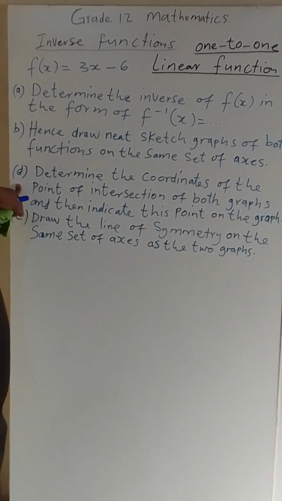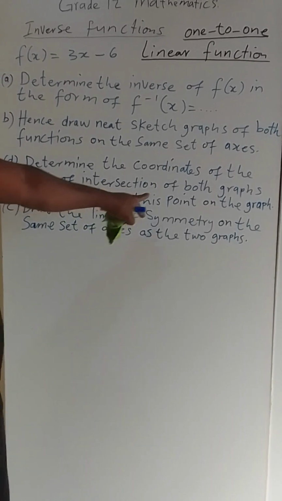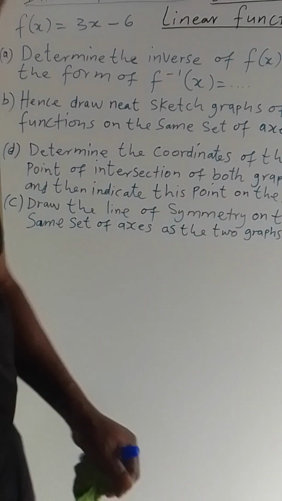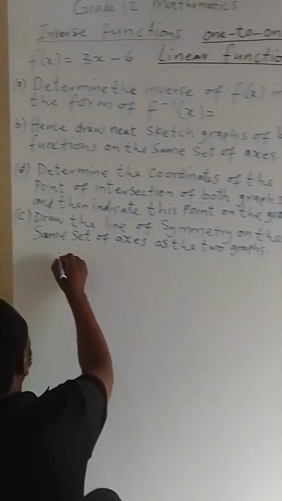Then the last one, D, they want us to determine the coordinates of the point of intersection of both graphs and indicate this point on the graph. Now we are going to start working. Solution.